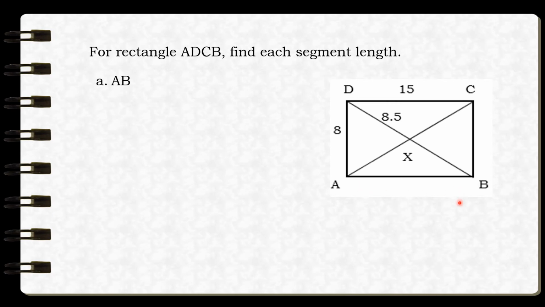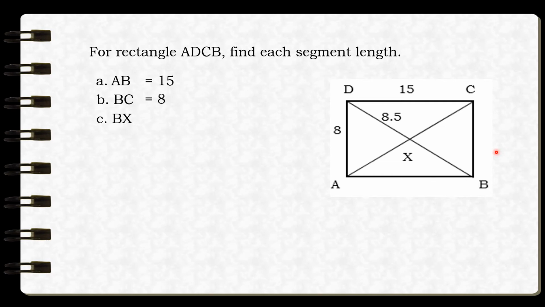So since the opposite sides of a rectangle are congruent and segment DC here is equal to 15, so segment AB must be equal to 15 also. Next, how about segment BC? So since segment AD is the opposite of segment BC and it is a rectangle, they must be congruent. So segment BC is equal to 8.